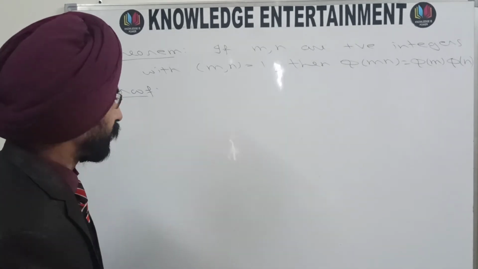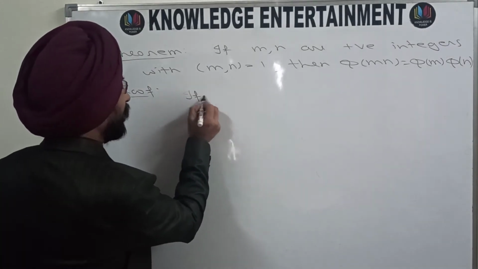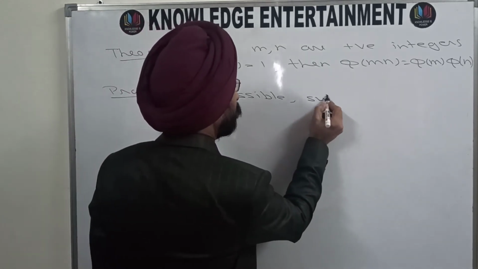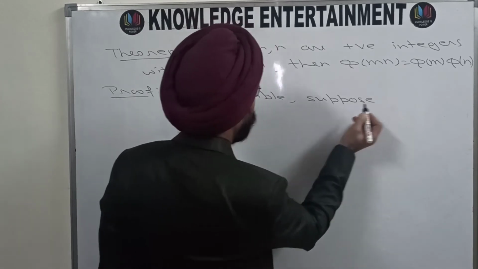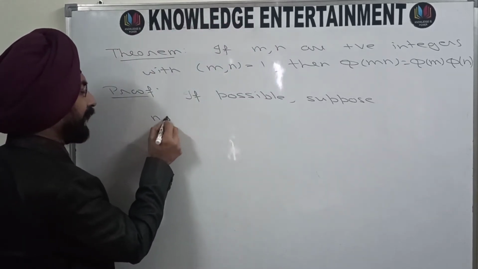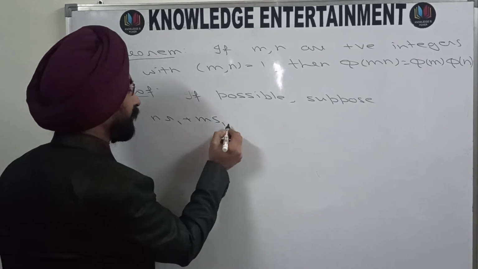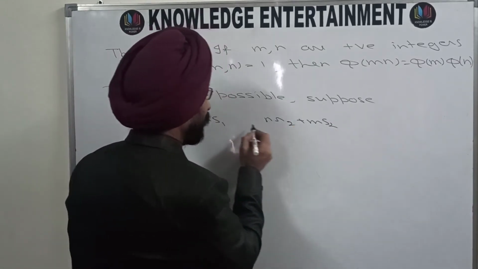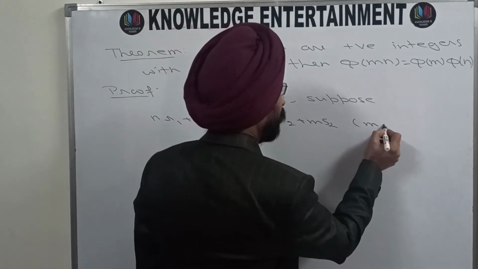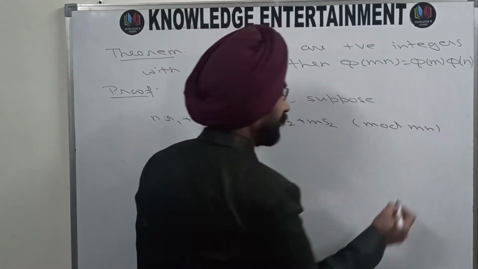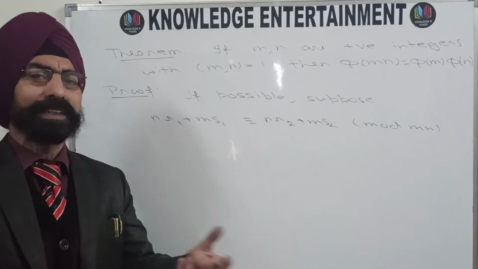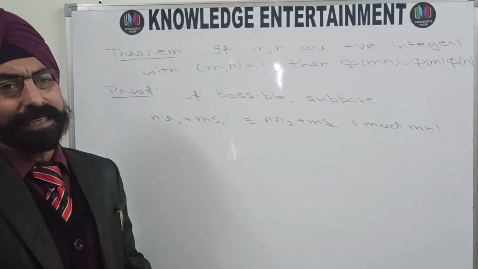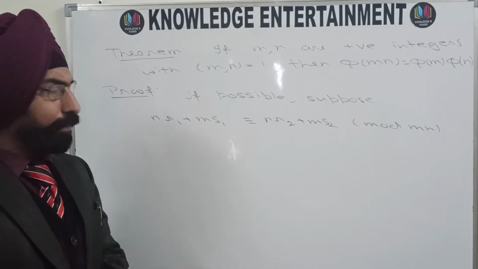If possible, suppose there are two members nr1 + ms1 and nr2 + ms2, and they are congruent to each other modulo mn. We will arrive at some contradiction, and that means our supposition is wrong, and hence no two members of the set T can be congruent to each other modulo mn.